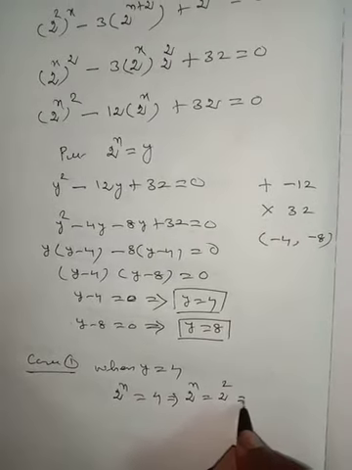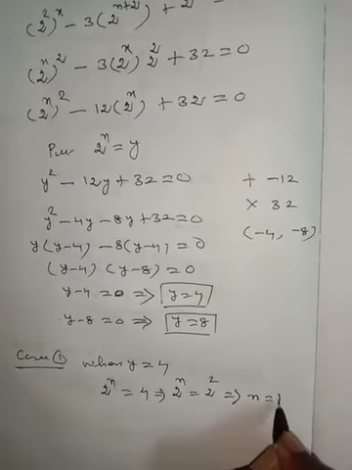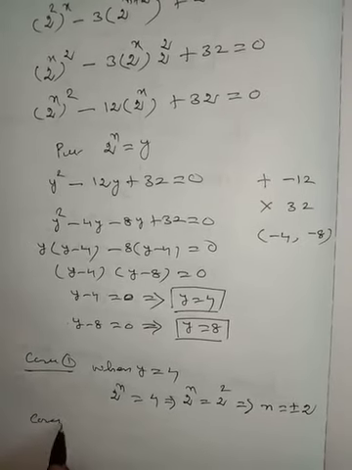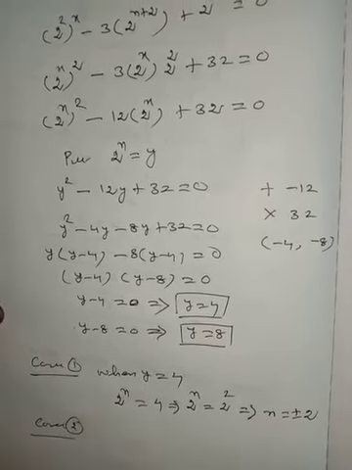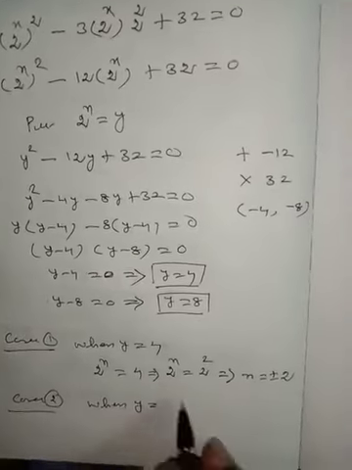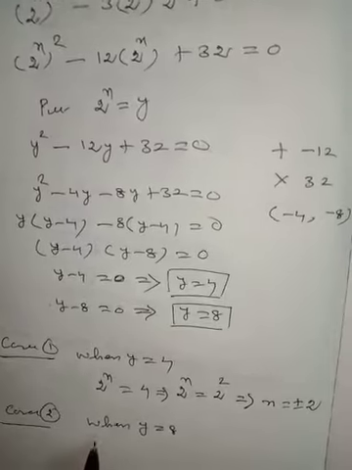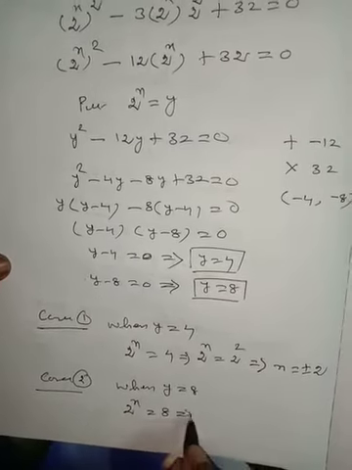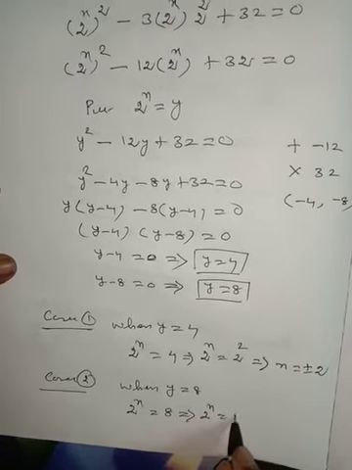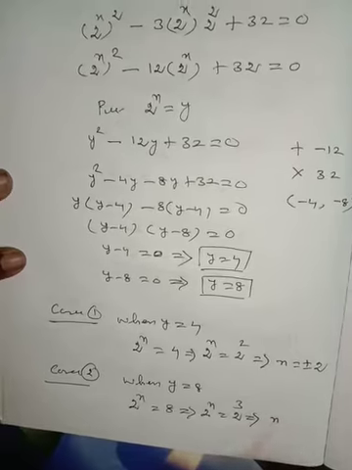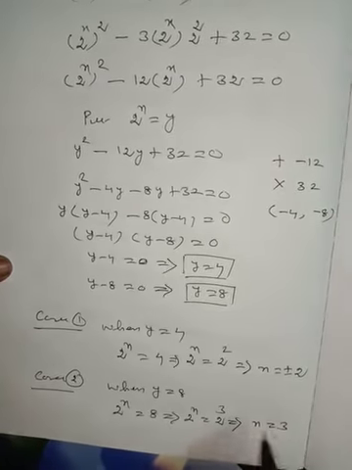This means x is equal to 2. Case number 2. When y is equal to 8, 2 to the power of x is equal to 8. This can be written as 2 to the power of x is equal to 2 to the power of 3. This means x is equal to 3.